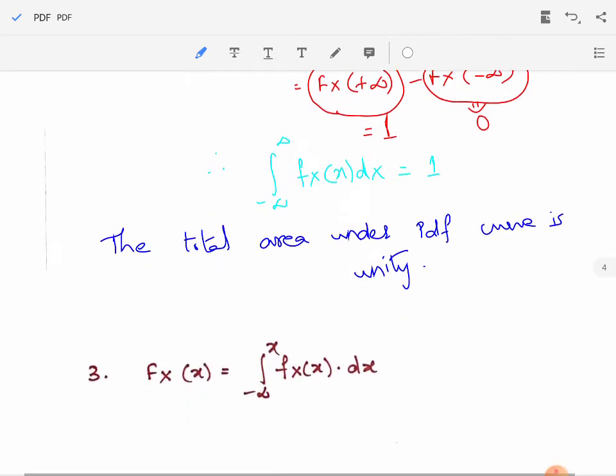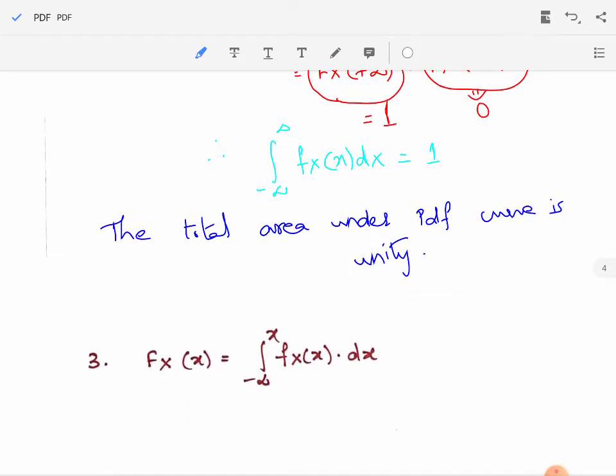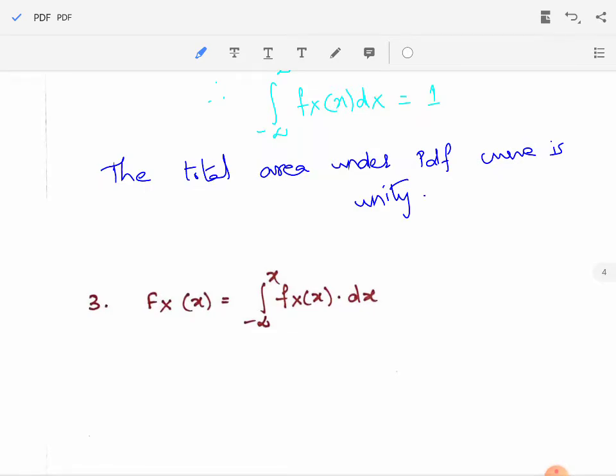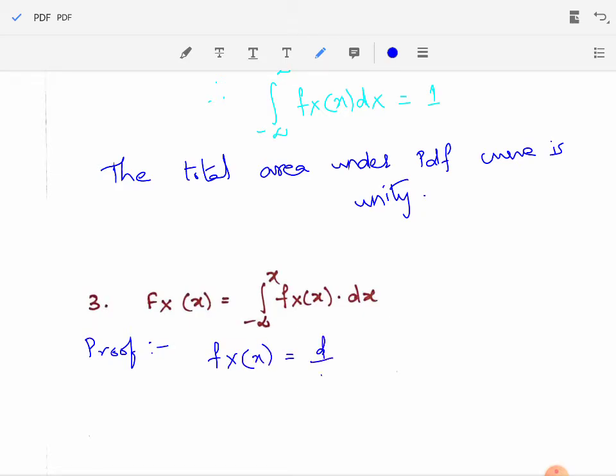Now let's go for the third one. F_X(x) is equal to integral from minus infinity to x of f_X(x) dx. Again we'll go with the proof of this property. By definition, the PDF is equal to the derivative of the CDF.